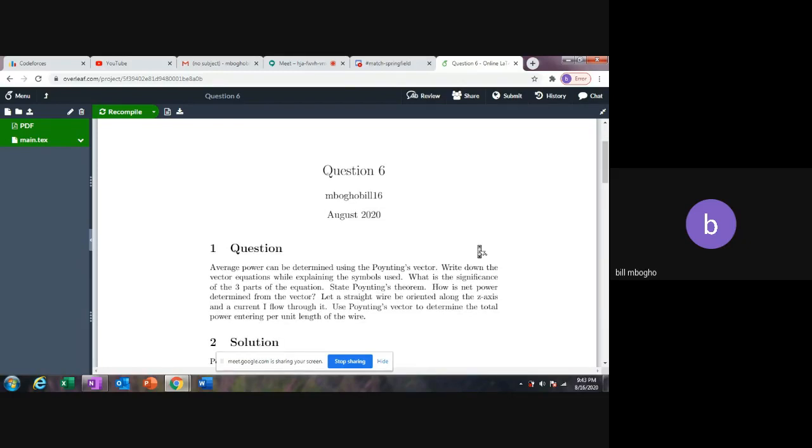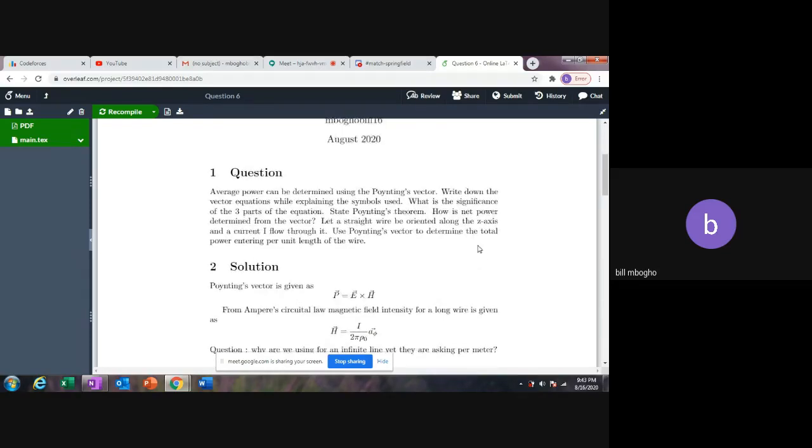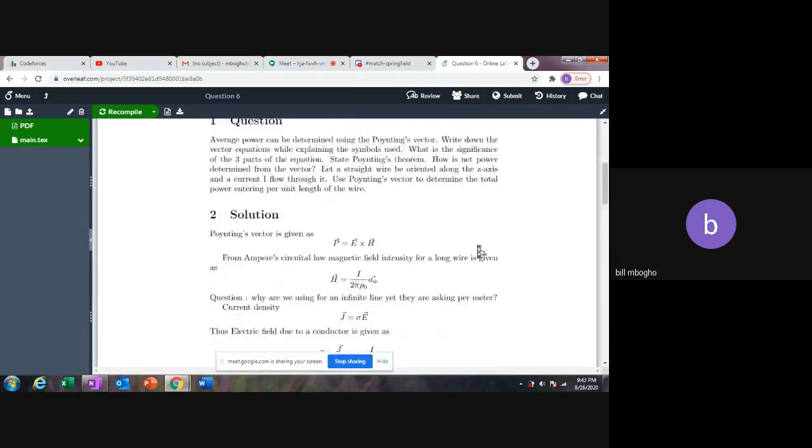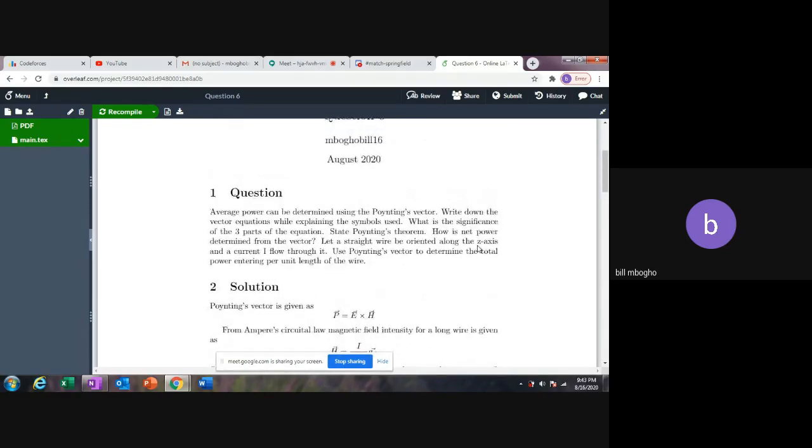Okay. The next thing is Poynting's vector. The Poynting's equation, sorry, is this one, where the P stands for Poynting's vector, the E stands for electric field, and the H is magnetic field intensity.